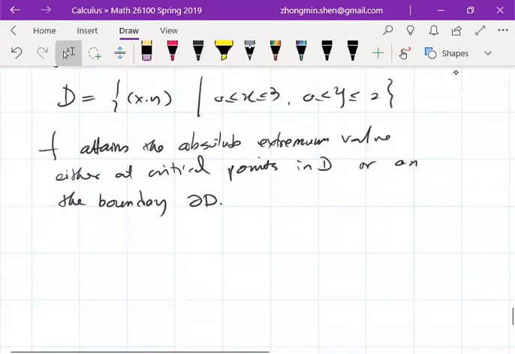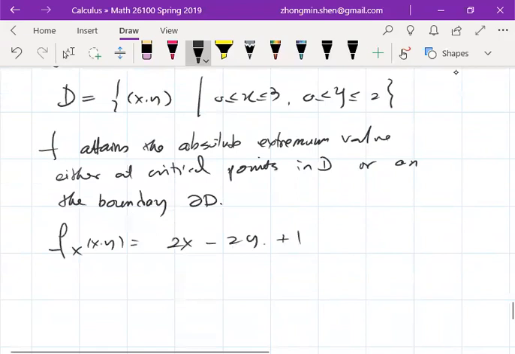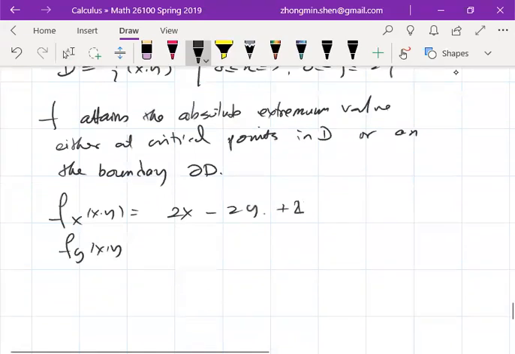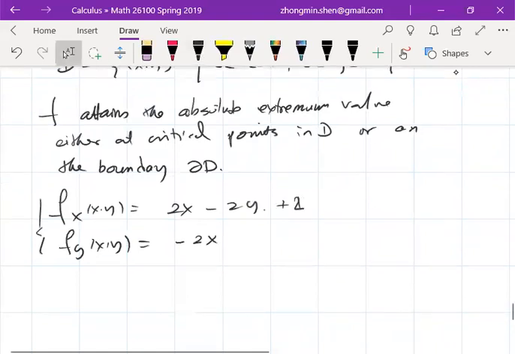So let's take a look at the partial derivatives. With respect to x, it's 2x minus 2y plus 2, and with respect to y, it's negative 2x. Now, you don't need to check whether the function has a local maximum at the critical point, because that's a waste of time.